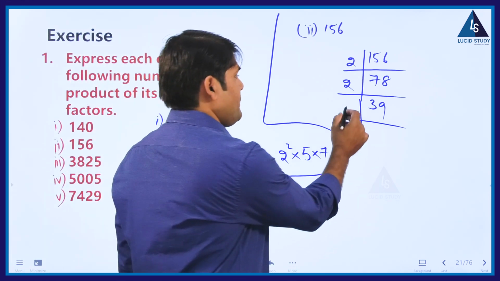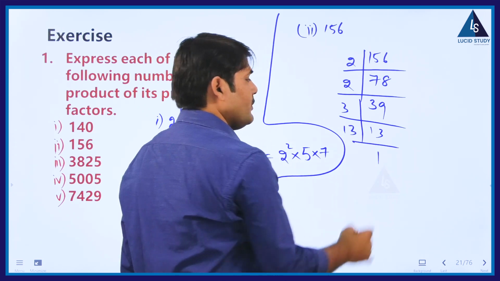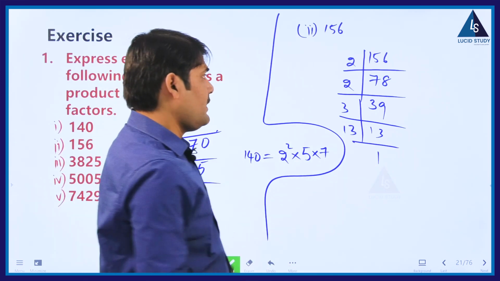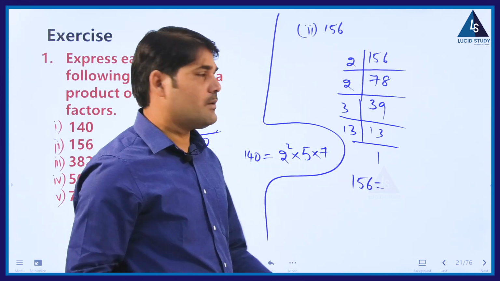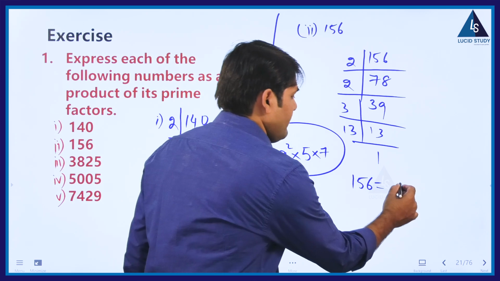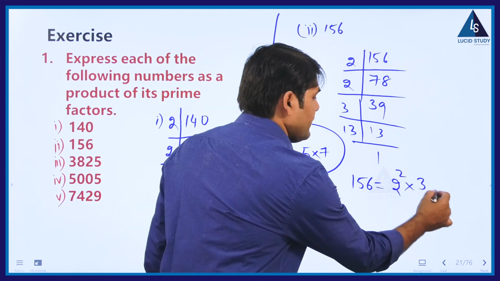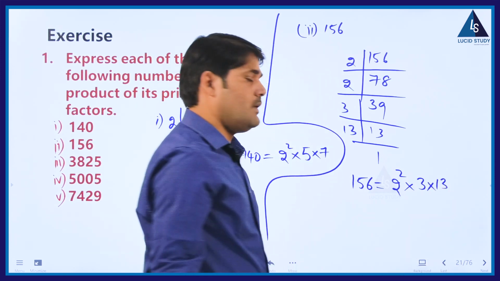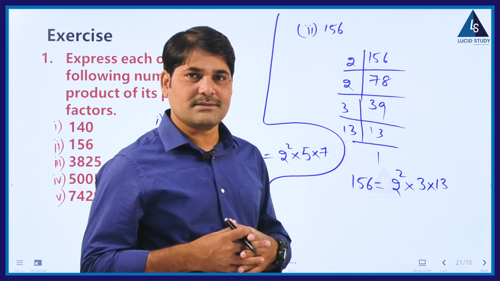The 3 table. So 3 13s are 39. 13 will be in the 13 table only because it is a prime number. Now how can I represent 156? 156 is equal to 2 square, as 2 came two times, so 2 square into 3 into 13.